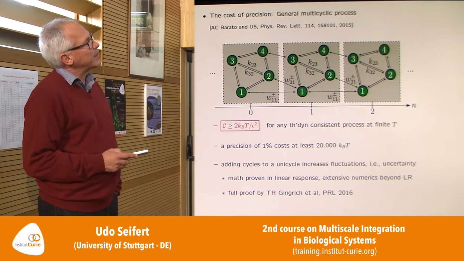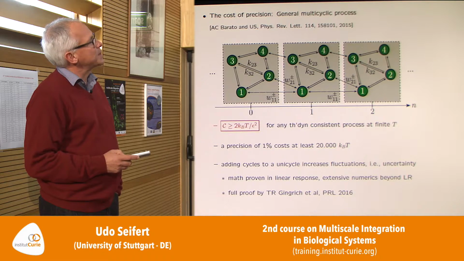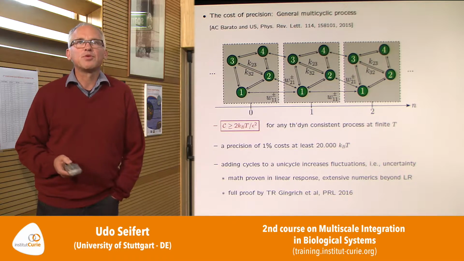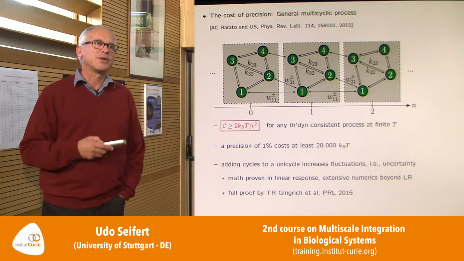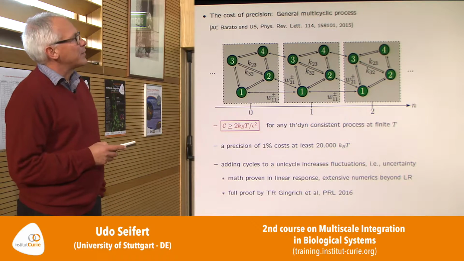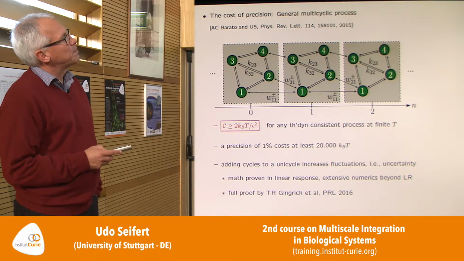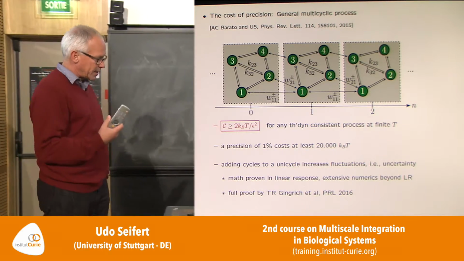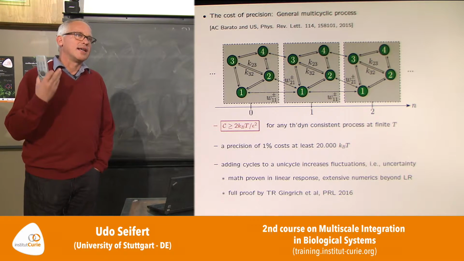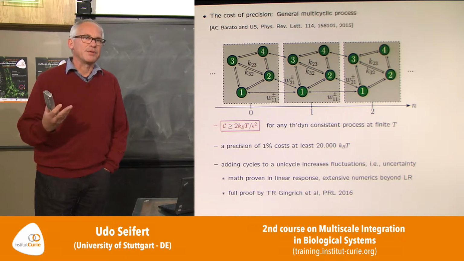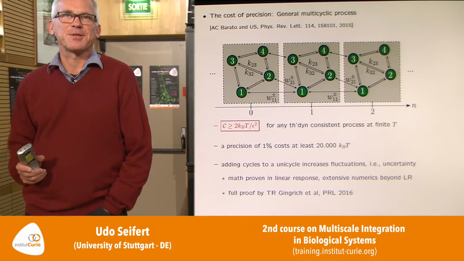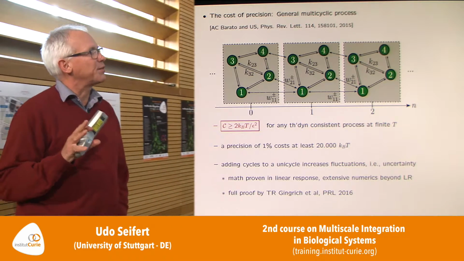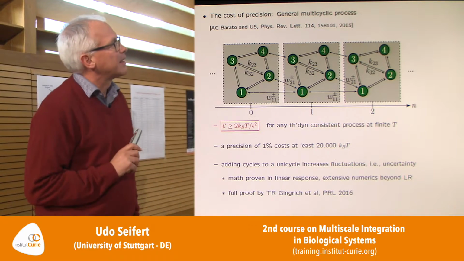We did a lot of numerics for various networks, but the full mathematical proof, which is anything but trivial, I'm not going to show it here, was found by the MIT group a year later. It's based on using large deviations on the level 2.5, for the experts. It's a highly non-trivial result, the full proof.